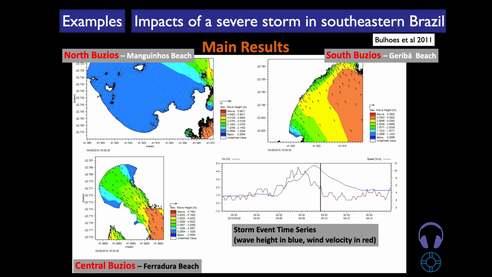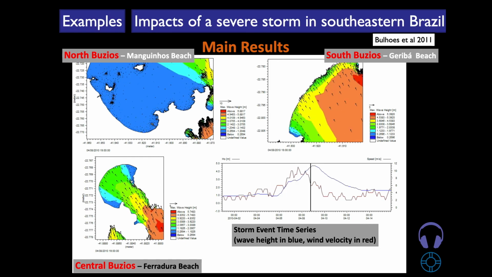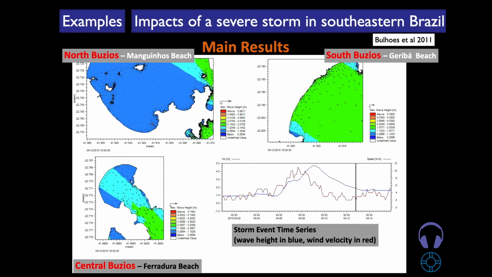It is interesting to note that this part is also less exposed to fair weather conditions. On the other hand, the northern sector of Búzios is protected from the storm waves. In this case, the Cape's projection plays an important role in diminishing the energy of storm waves in this part, creating a low energy environment in a storm event.